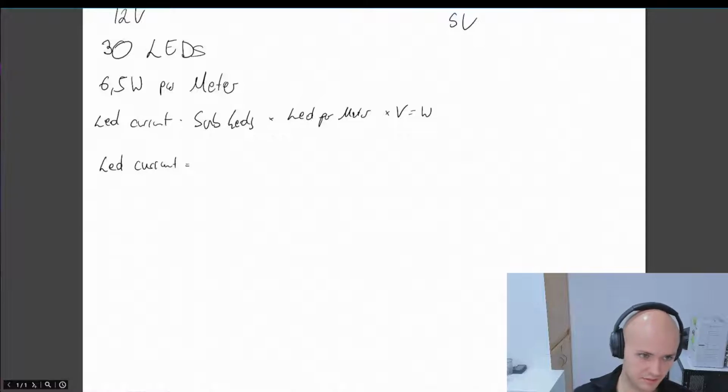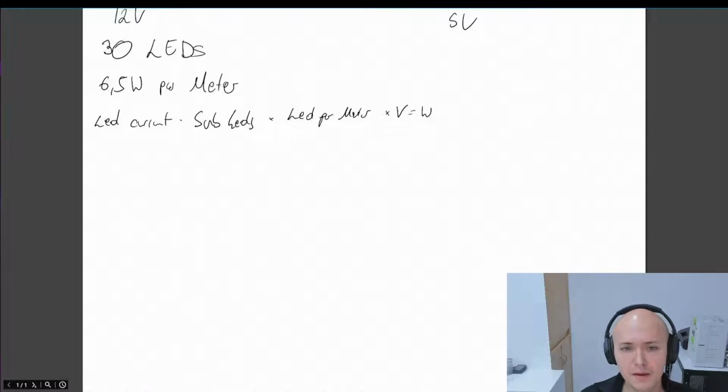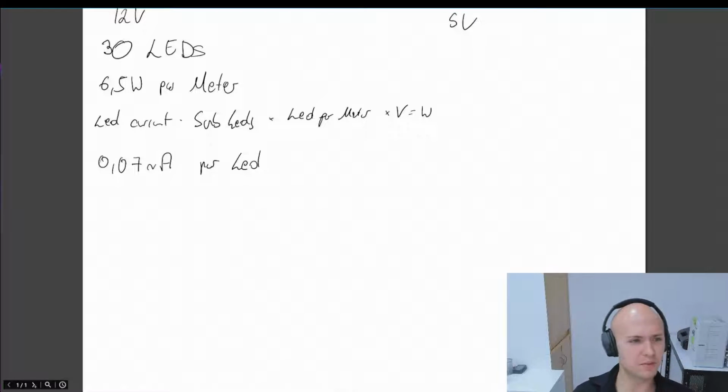Either way, for the 12 volt strips, we'll get about 0.02 amperes per sub LED. And if we put all of that in that formula, we can get to the actual amount, a rough estimate of 6.5 watts.